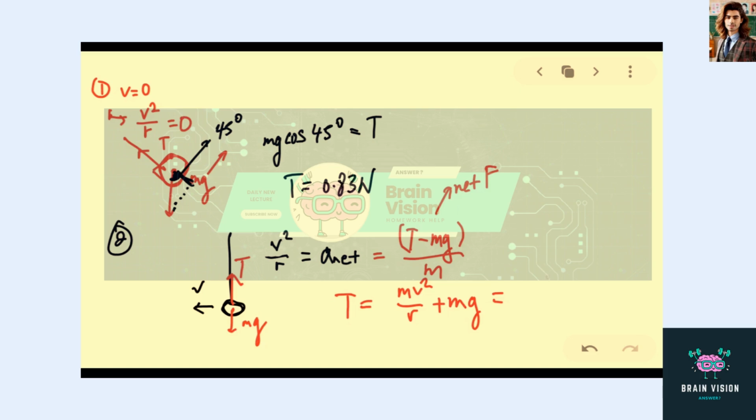So we just take m times 2.1 squared divided by r, the radius of the circular motion, which is the length of the string, 0.8 meters, plus 9.81. And we should get 1.9 newtons. So this is the tension in the string.